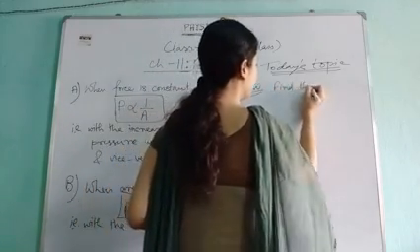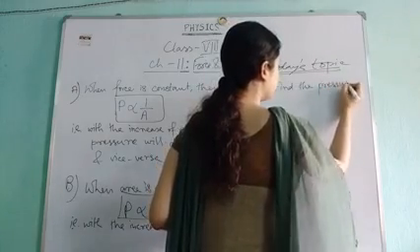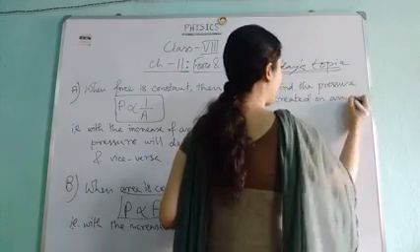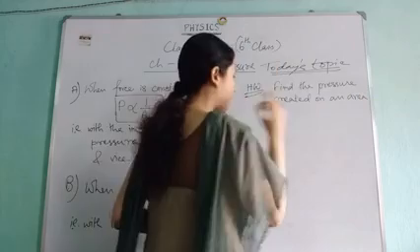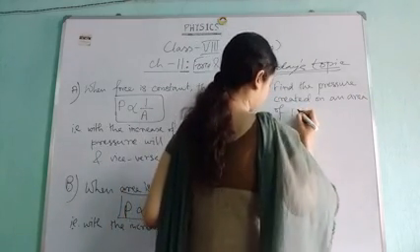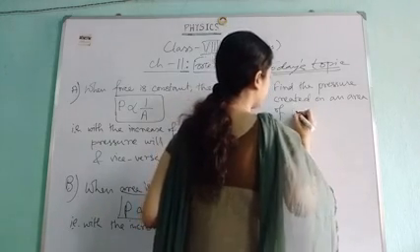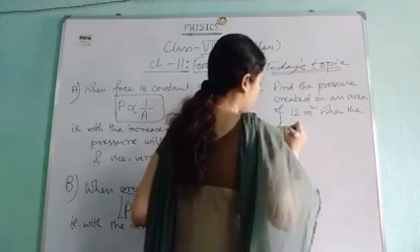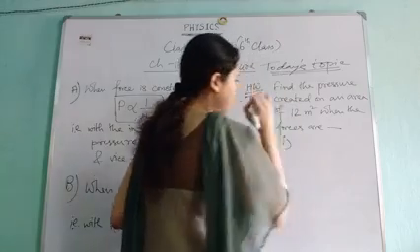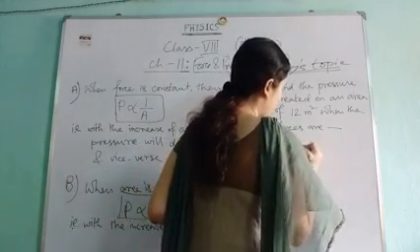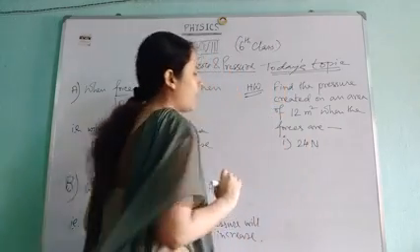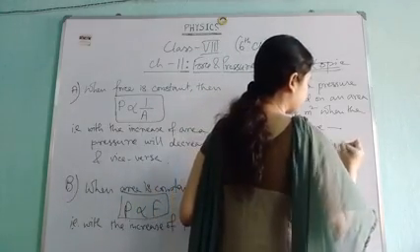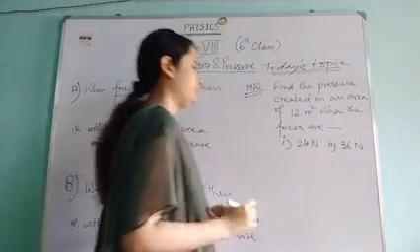Find the pressure created on an area of 12 meters squared when the forces are, number 1, 24 Newton and number 2, 36 Newton.